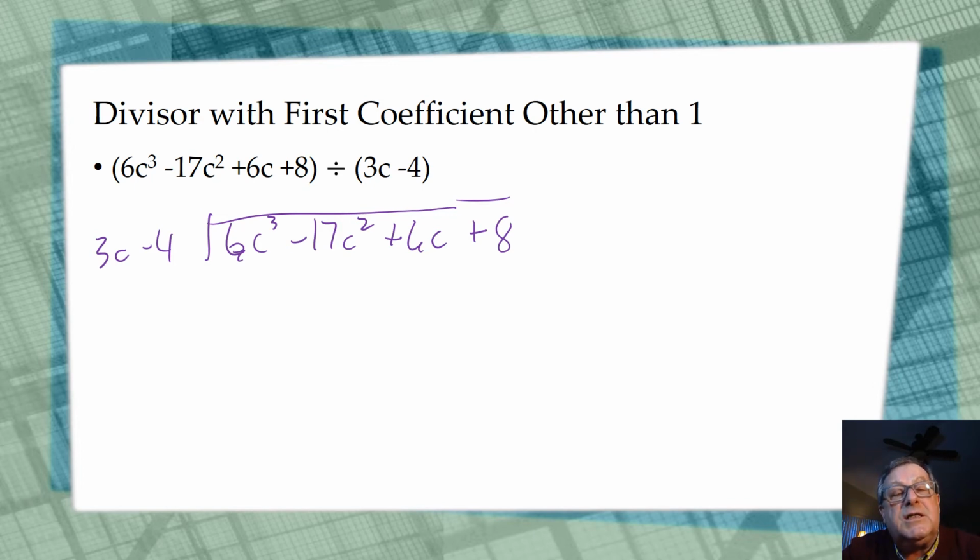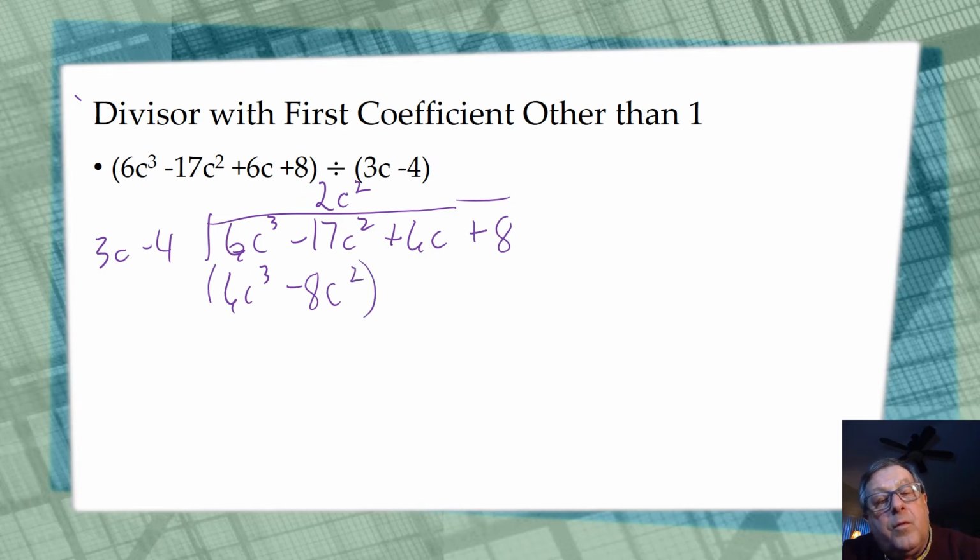Well, 3 will go into 6 2 times. And c will go into c cubed, c squared. And 2c squared times 3c is 6c cubed. And negative 4 times 2c squared is negative 8c squared. And remember, we're going to be subtracting here, so these signs are going to change.